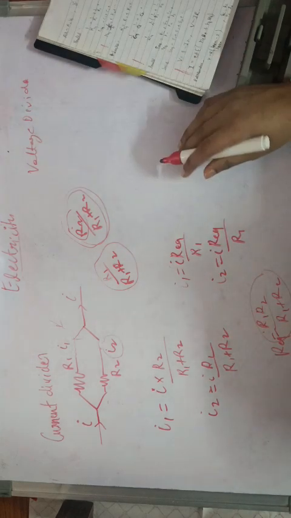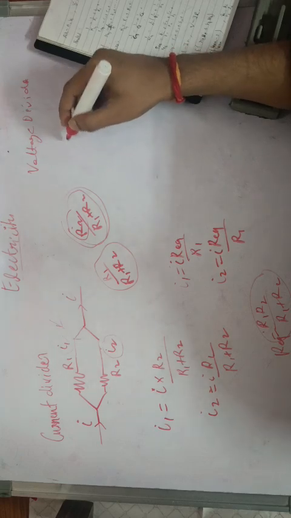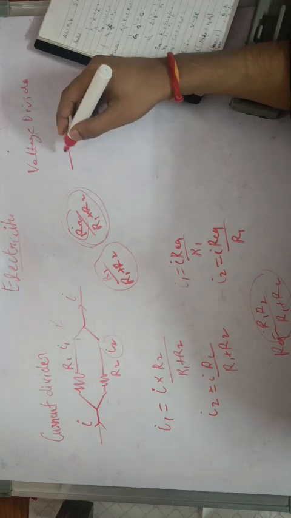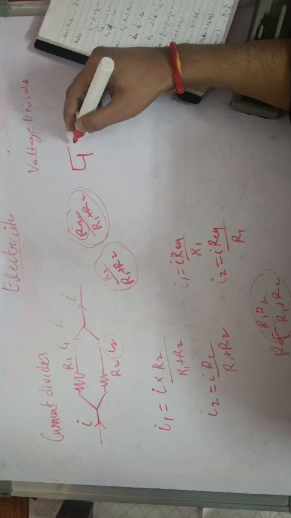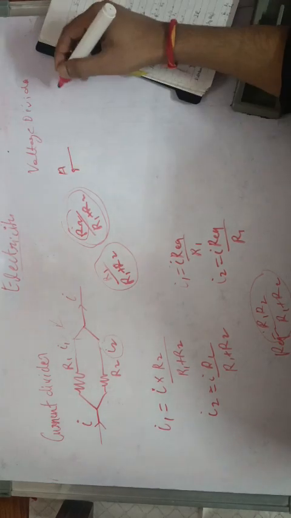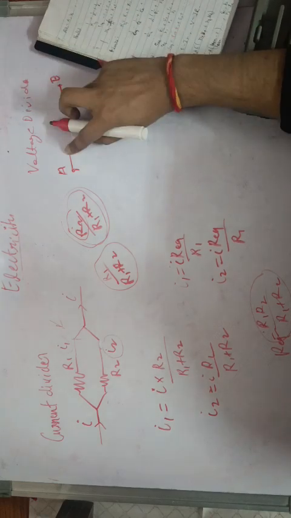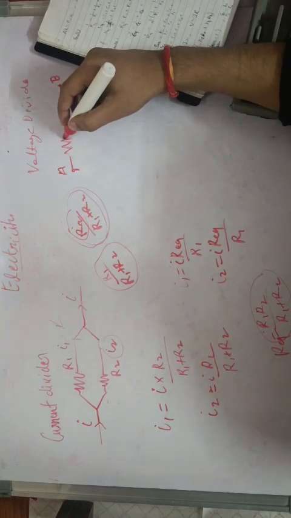Similarly, in case of voltage divider, let's say there is a potential across 2 points, let's say this is A and this is B, potential V here. These two are having two resistors in between them.